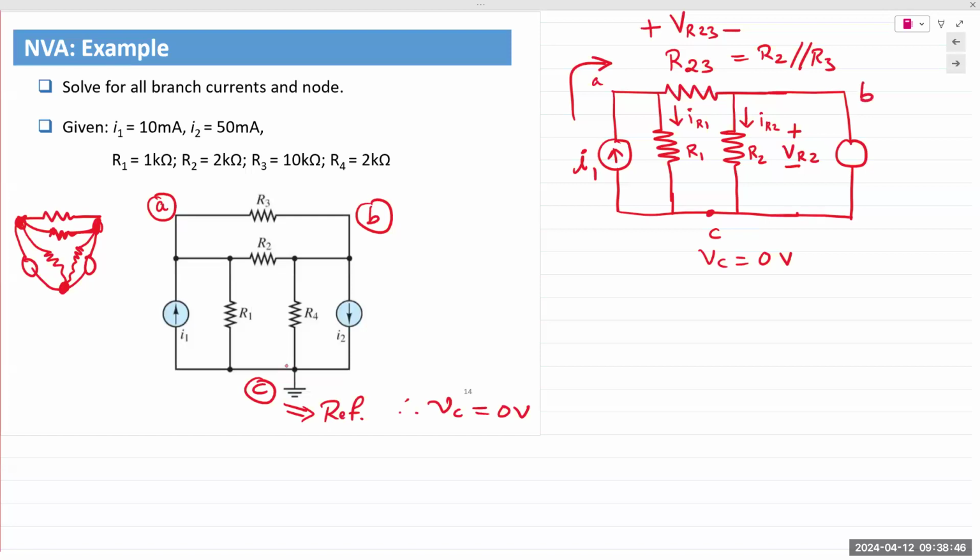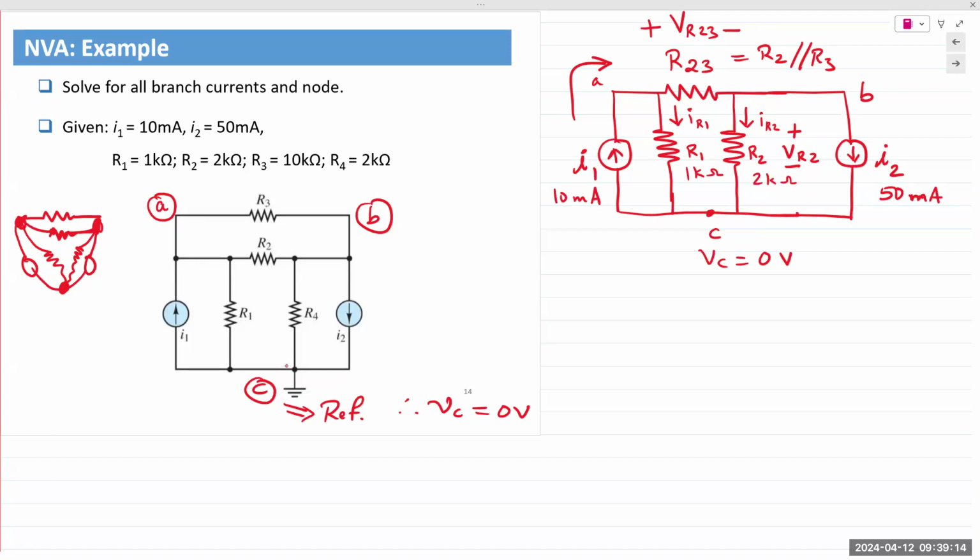Node C, B, and this current coming down is I2. I also prefer to write out the values given to me in the circuit diagram itself. So I1 is given as 10 milliamps, so I write that here. I2 is 50 milliamps. That's why I prefer large circuit diagrams. 1 kilo ohm, 2 kilo ohms.